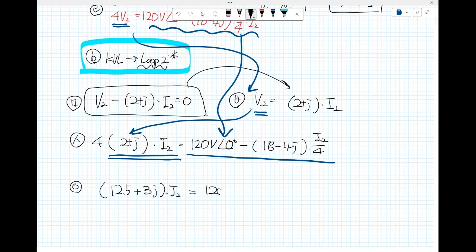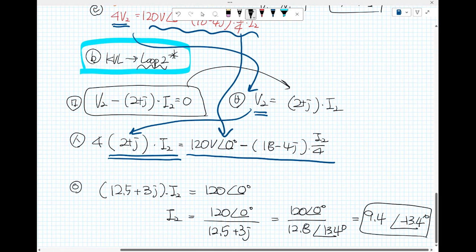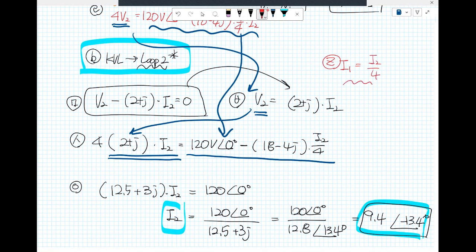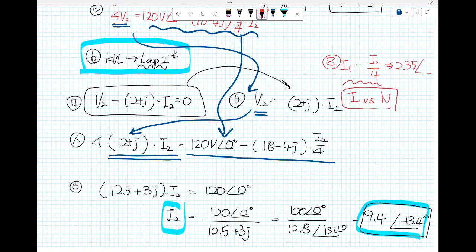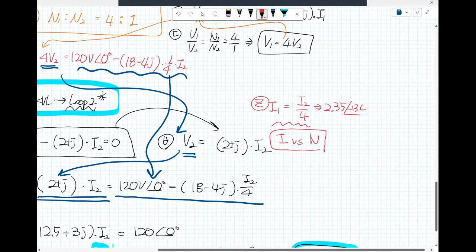I sub 2 over 4, that is, we have already calculated before, the turns ratio over the transformer. That was 2.35 at minus 13.5 degrees. That's it.